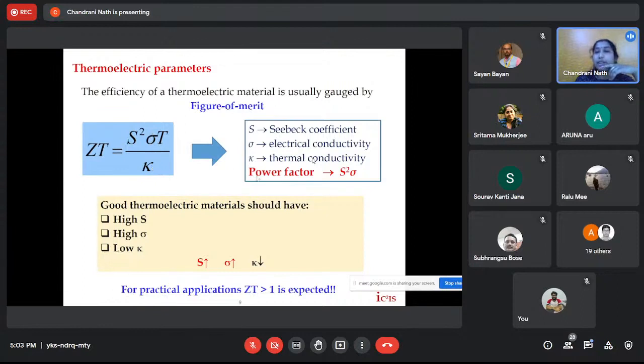The S square sigma term is known as the power factor. As you can see from this equation, a good thermoelectric material should have a high Seebeck coefficient S, high electrical conductivity, but low thermal conductivity. For practical applications, ZT should be greater than 1.